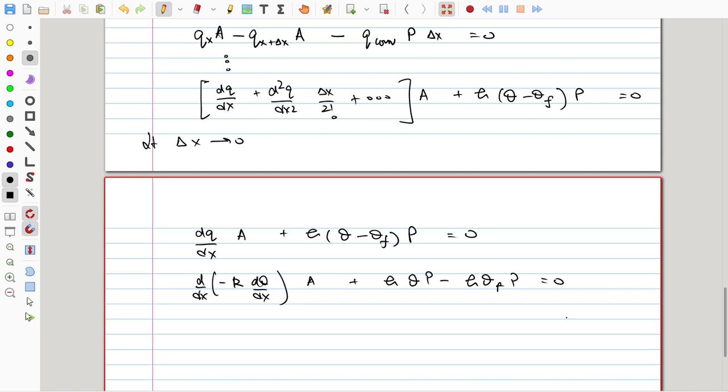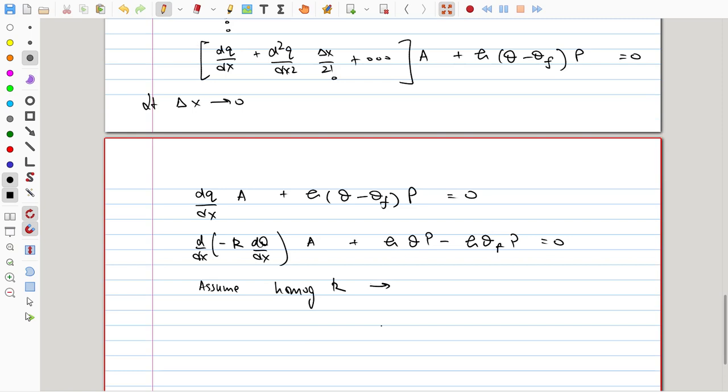So, what I will do now is also assume that the thermal conductivity is homogeneous, and you may have started guessing that this is your diffusion term in the common equation that we had started the course with, except that it is a 1D situation. So, rather than having divergence of gamma times gradient of phi, we have d by dx of minus k times d theta by dx. So, if I assume homogeneous k, then I can simply take the k out of the derivative.